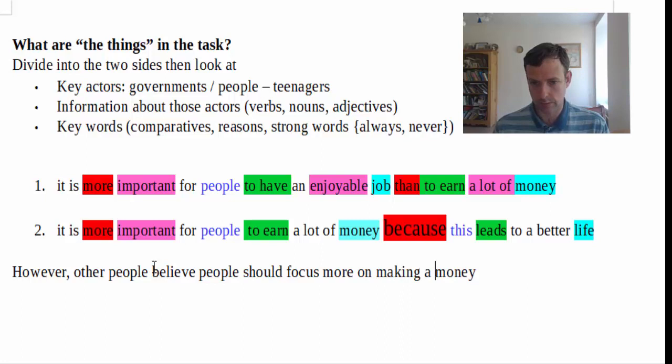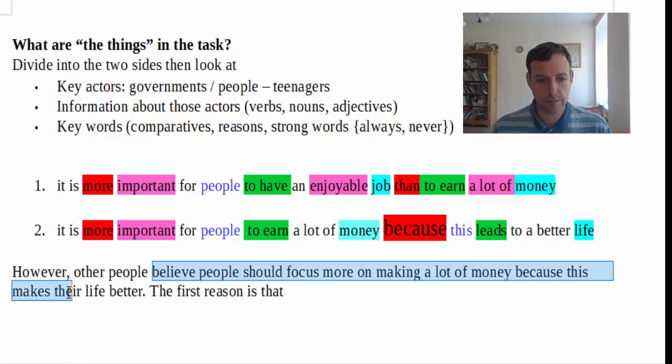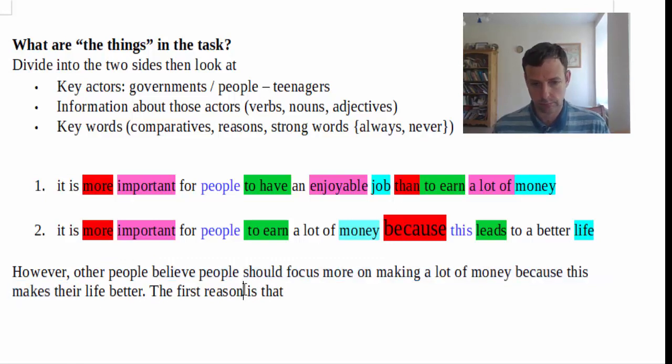I'll put making a lot of money because this makes, so the first reason is that it makes their life better.